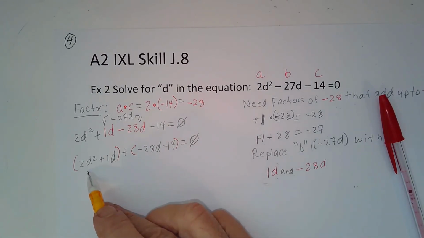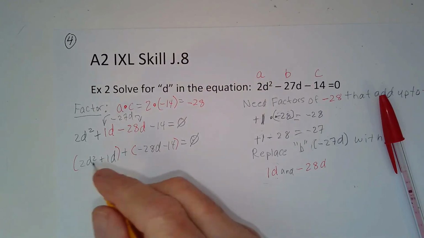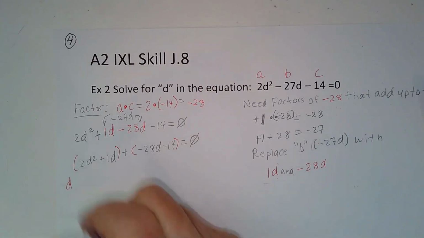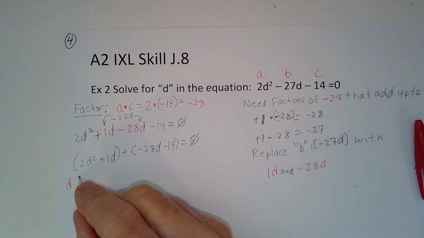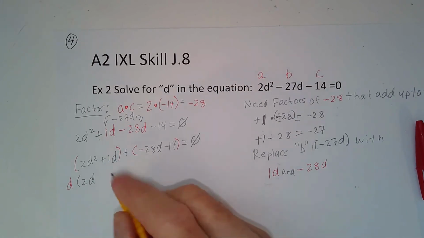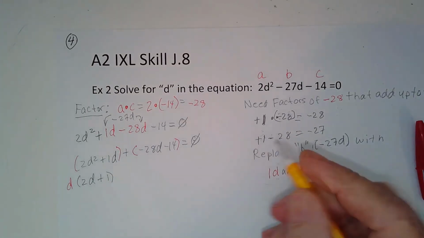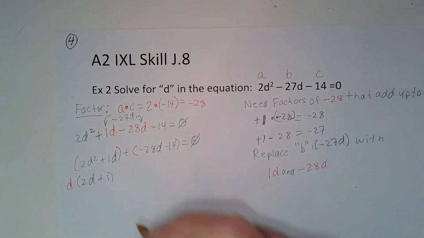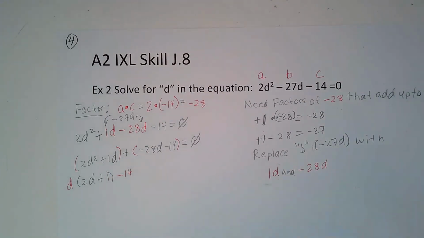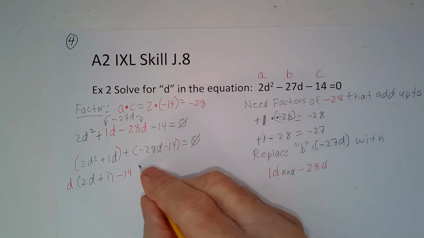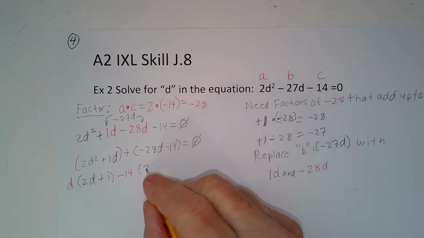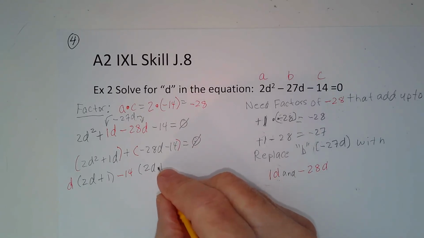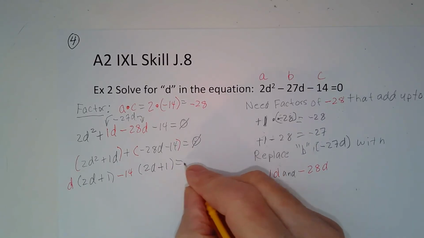So I'm going to factor out a d from 2d squared plus 1d. And it leaves me with 2d plus 1. And over here, I'm going to factor out negative 14. So that would leave me with positive 2d, and then the negative 14 divided by negative 14 is positive 1. And that all equals 0.